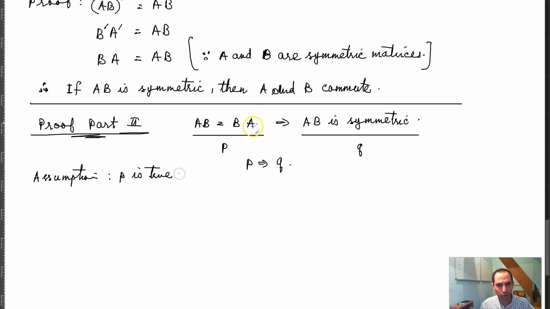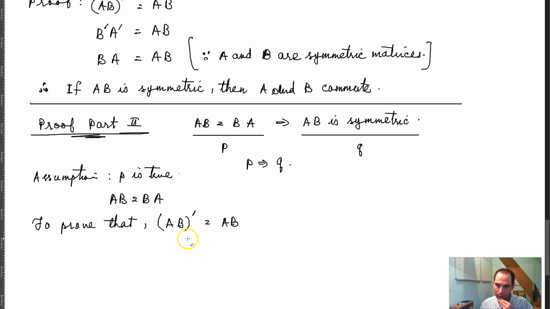In other words, I will assume that AB is equal to BA, and I need to prove that AB is symmetric. AB is symmetric means that AB whole prime is equal to AB, meaning that the transpose of the matrix is equal to the matrix itself.